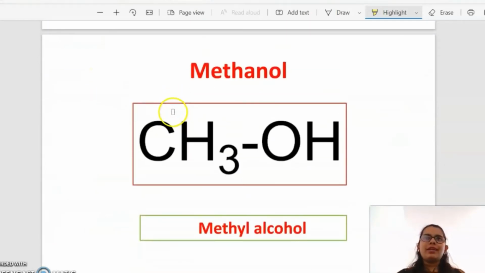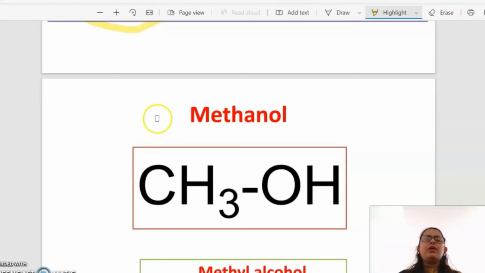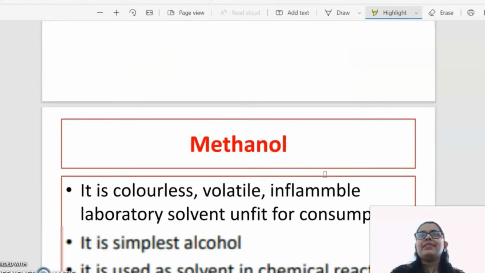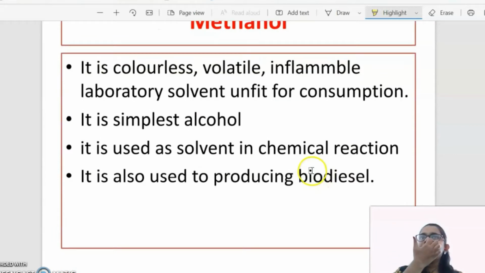Now next is methanol. I hope many of you are familiar with methanol, that is CH3OH. You can write the structure likewise. Then we will see what methanol is and what the uses of methanol are.